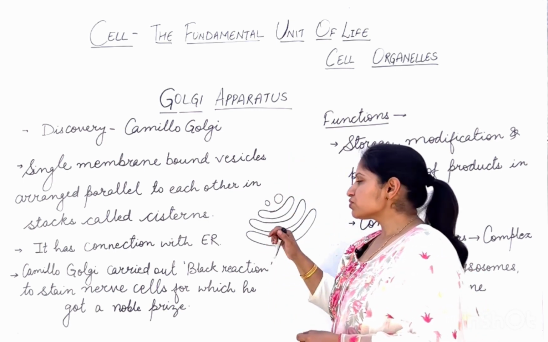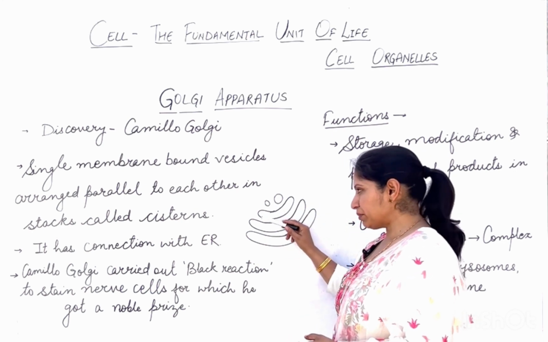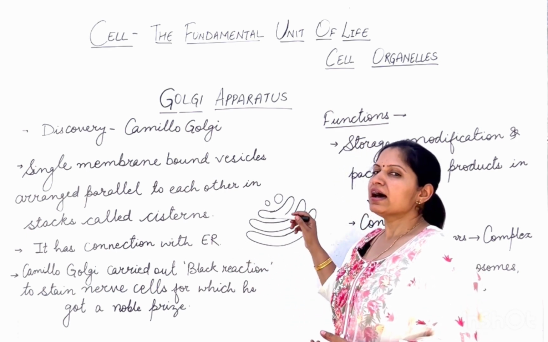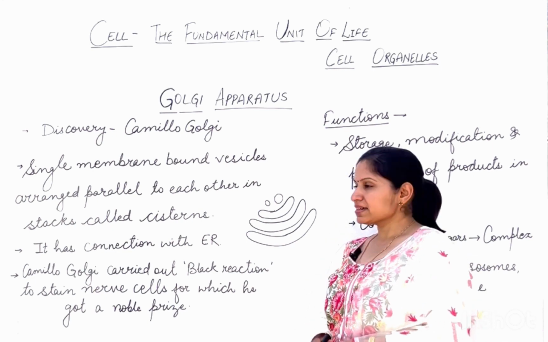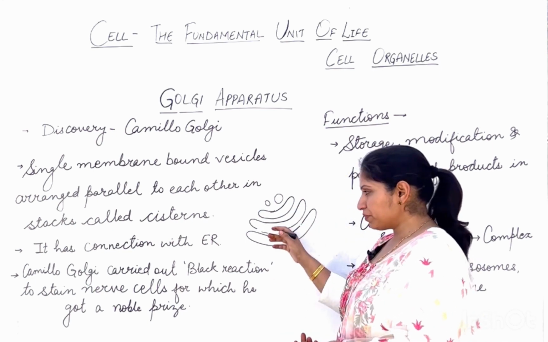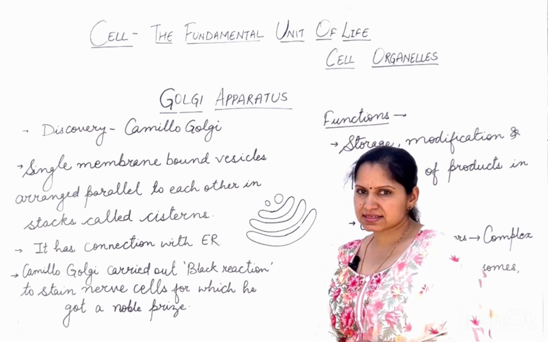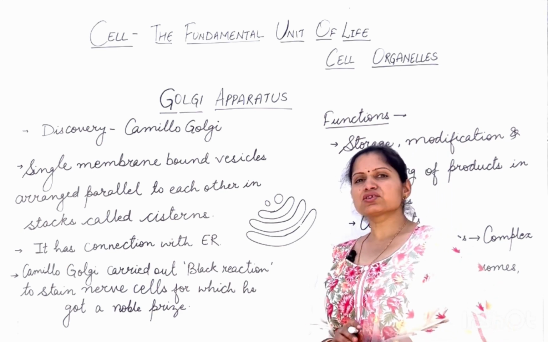So the Golgi apparatus is made up of single membrane bound vesicles arranged almost parallel to each other like a stack, and this stack of vesicles is known as cisternae. So that is the structure of the Golgi apparatus.